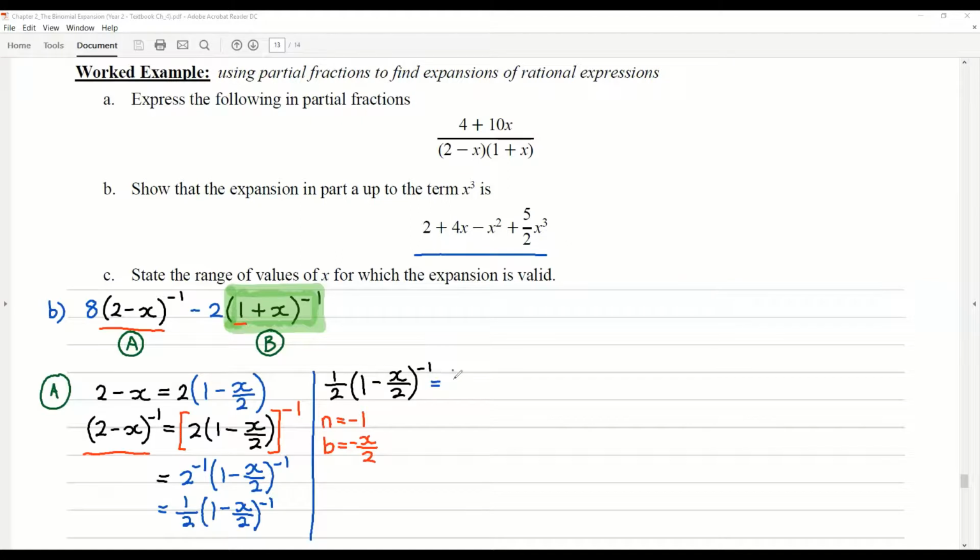Right, so we're going to have 1/2 now, big square brackets. And we need up to the x cubed term. Okay, it says that in the question explicitly, so that's what we've got to do. So we're going to have 1 add nb, plus n multiplied by n minus 1 over 2 factorial multiplied by b squared.